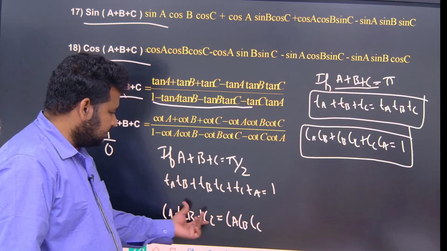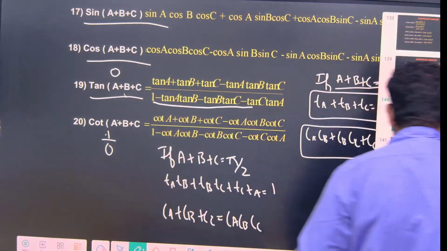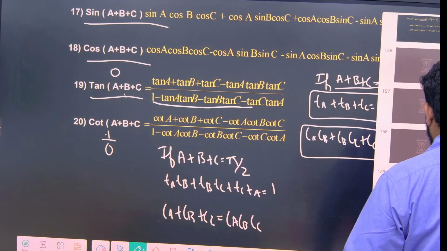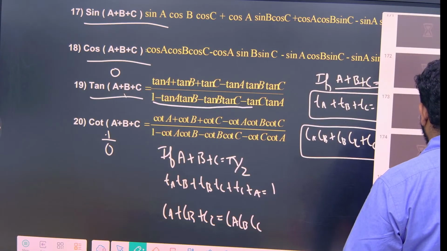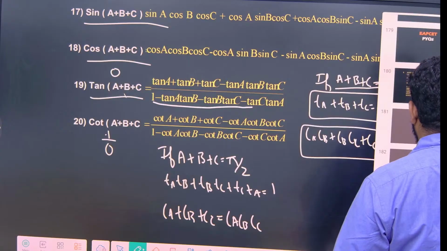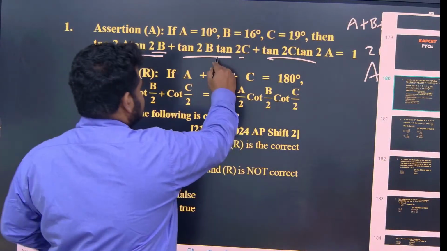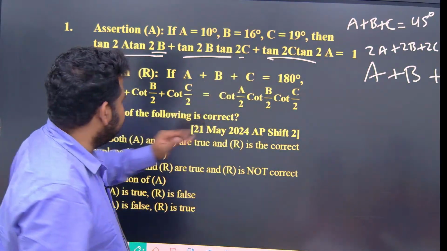If it is equal to this one, this is the thing. Observe this also. Now let us come back to the question. So this is definitely correct, is equal to 1.